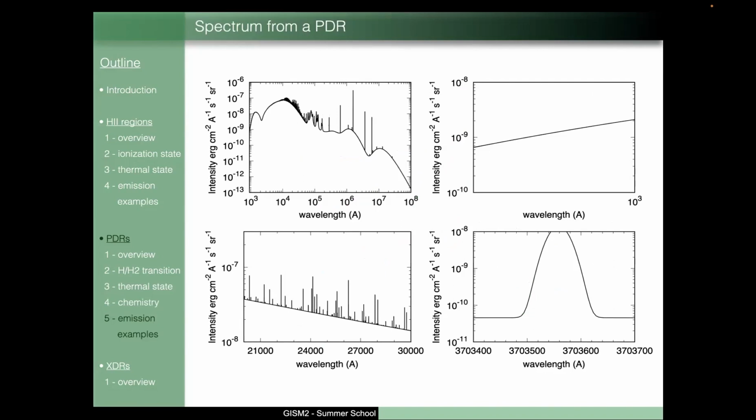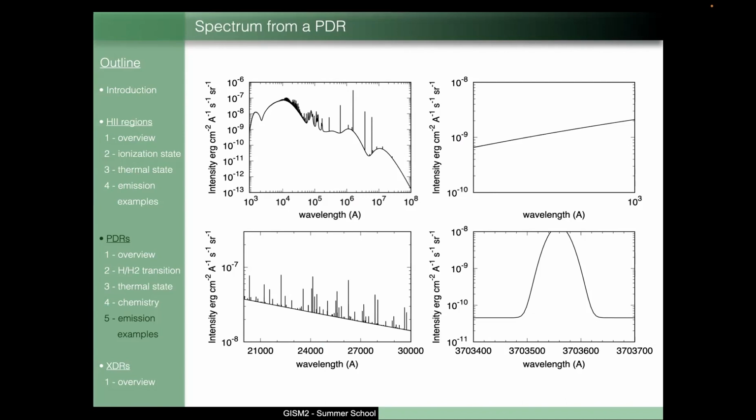Just to go quickly, once we have the chemical structure and the thermal structure of a PDR, we can look at typical spectra. We can come back to this later if you like. But this is the typical spectra that will be emitted by a PDR. In this spectra, you will see some continuum here, which corresponds to scattered light.